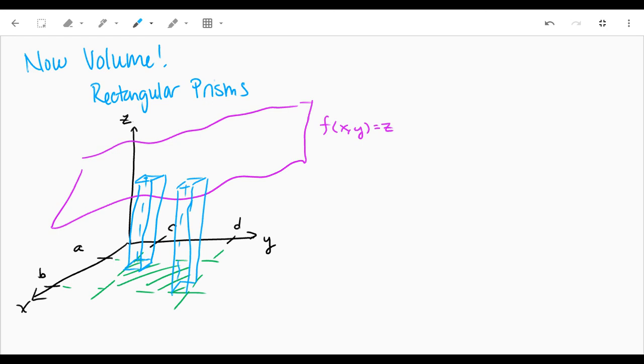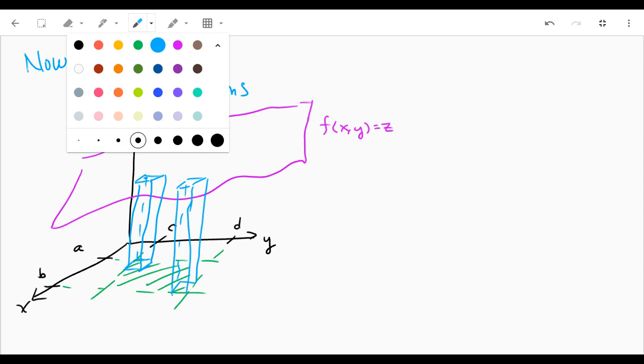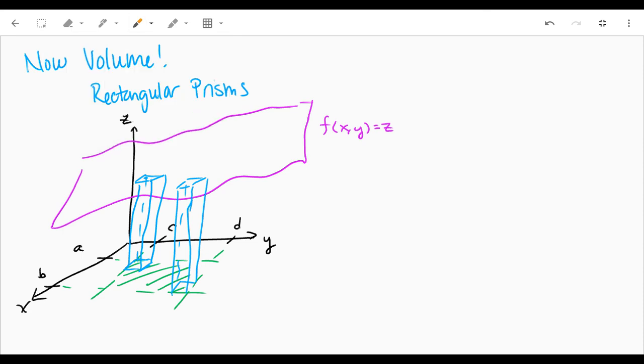So we would want infinite rectangular prisms. Well, we know that the volume of a rectangular prism is length times width times height.